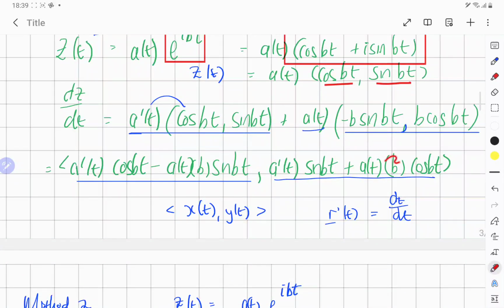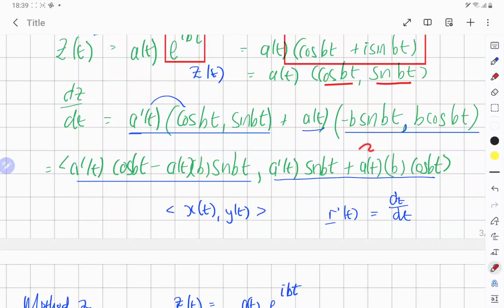So, what will I do here now? So this is all from first year. Remember, you want to get dz/dt first, then you want to get the vector form of dz/dt. So, what did we do in first year to get the vector form?